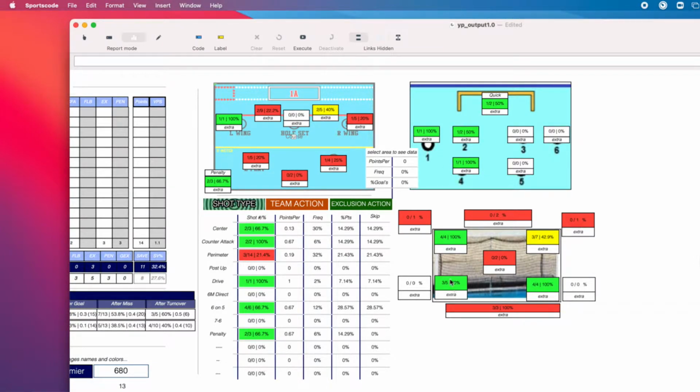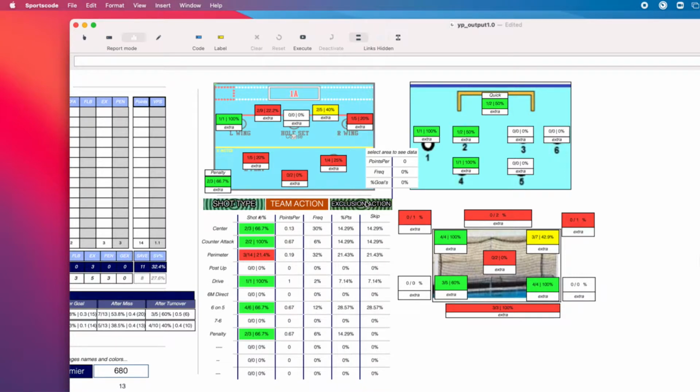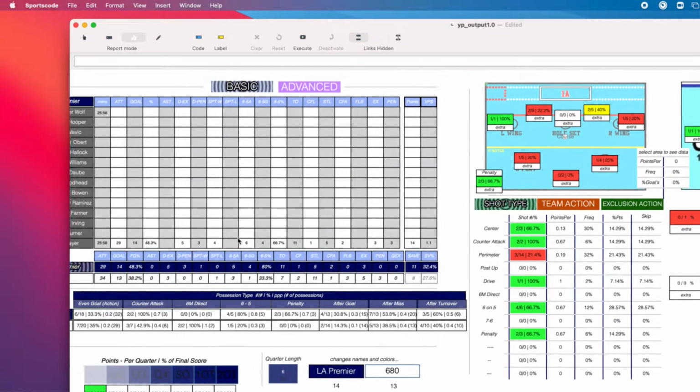Same thing here, the shooting position where they shot the ball and scored their goals. They really struggled at high right, but did a good job of not missing the cage, which is a crucial factor in scoring. I think I didn't code their timeouts properly, but that's okay. Soon this will be exclusion action, and it will say where they drew their exclusions to, so that'll be another interesting factor as we go.